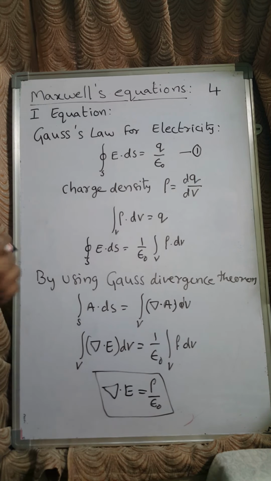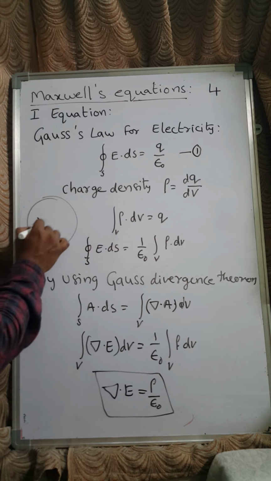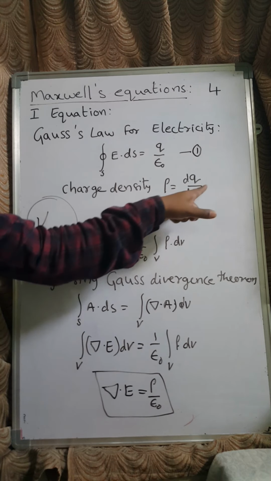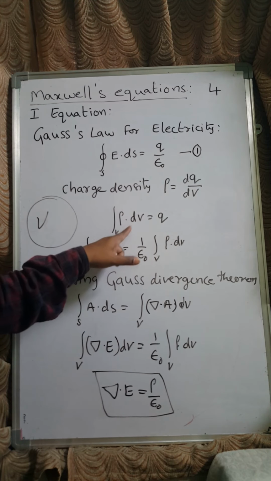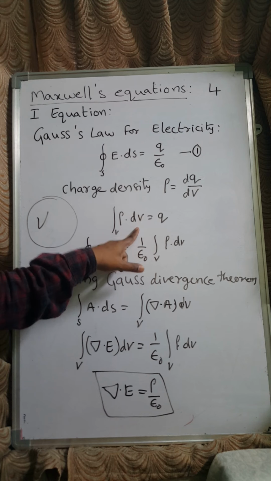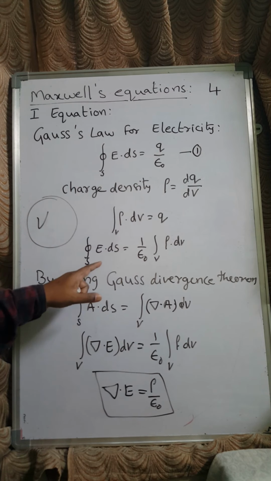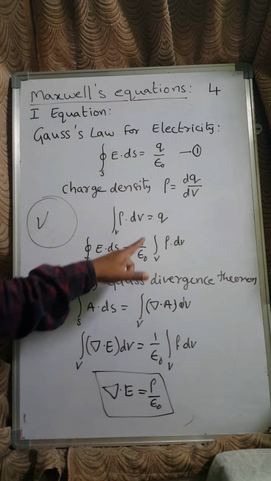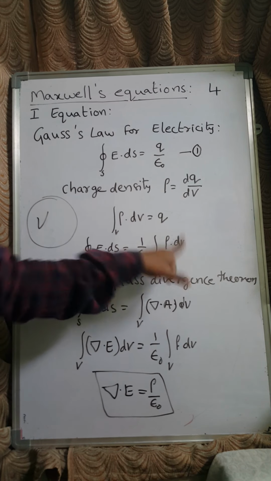In order to calculate the total charge in a volume V, I have to integrate this equation, then I get Q equals integral of rho into dV. Substituting this value in equation number 1, it becomes the surface integral of E dot ds equals 1 by epsilon naught times integral of rho into dV.